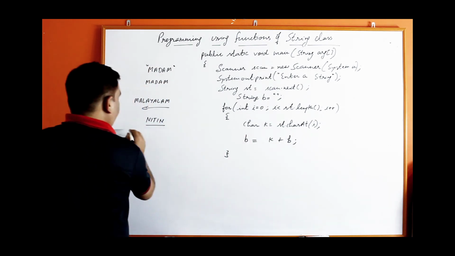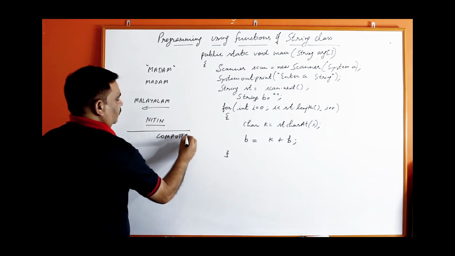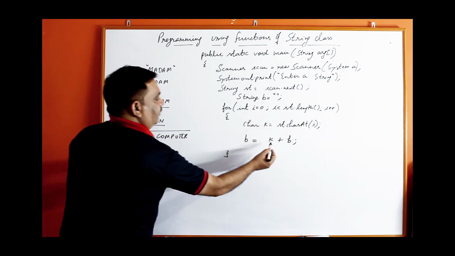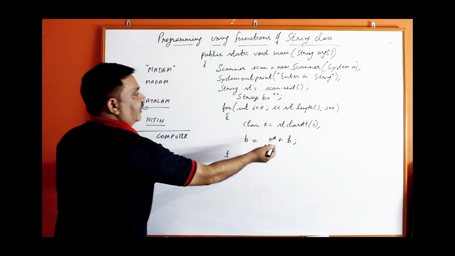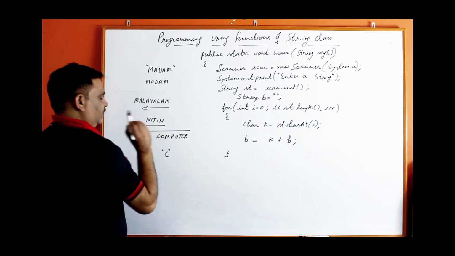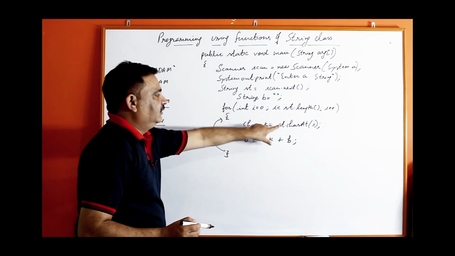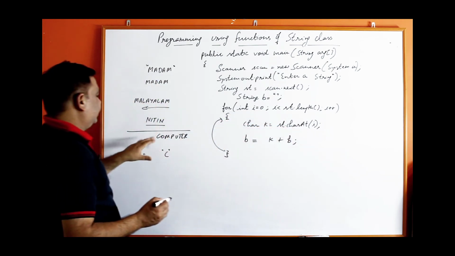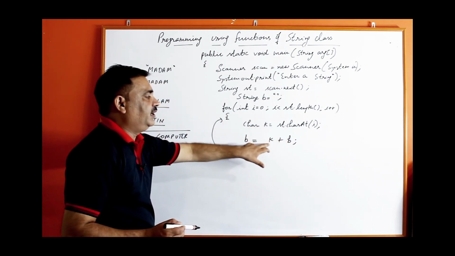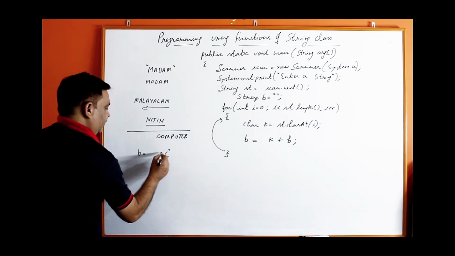See, suppose the word is computer. So first character will be extracted, C, and C will be joined in the b, and b is nothing. So value of b will be the character C. Second time, i will be 1 and st dot charAt(1). Next character is O. So O will be extracted and joined before the value of b. It means value of b was C. So O will be joined and it will become OC.